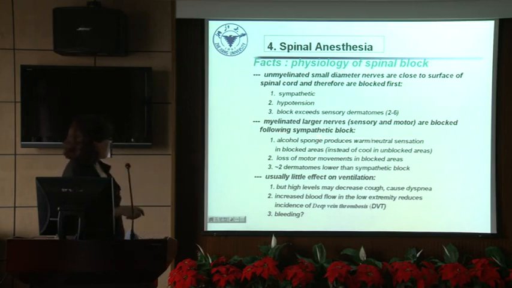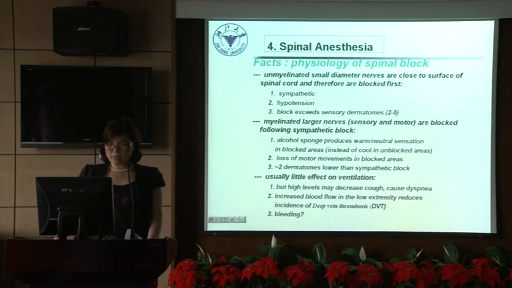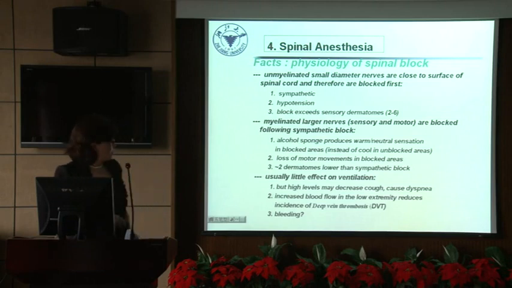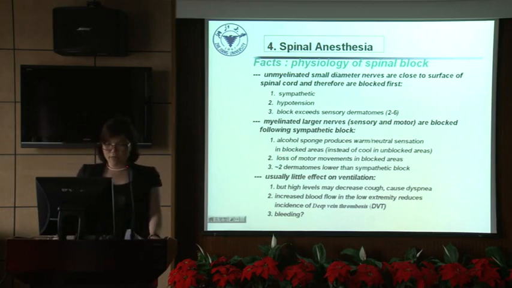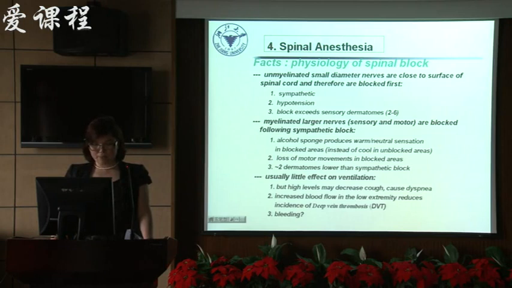We can use alcohol sponge procedures to warm and neutral the surface in blocked areas to see if the block happened. We can also see the patient's loss of motor movements in blocked areas, up to 2 dermatomes lower than the sympathetic block.